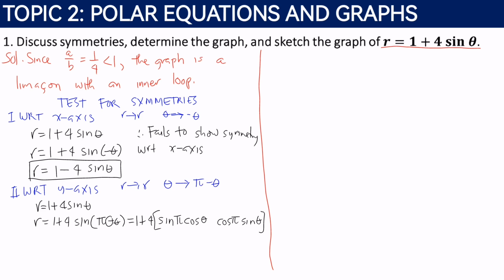Since this is a minus, then I should have a minus here. And we know that sine of pi is, oh, sorry, sine of pi is 0, and cosine of pi is negative 1. So simplifying, I get r equal to 1 plus, a minus times negative 1 is positive, so that's positive 4 sine of theta. And this is exactly the given.